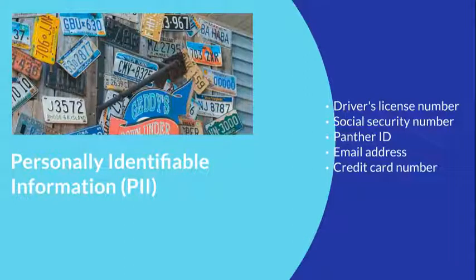For example, the combination of birth date, sex, and state of residence. On their own, these data elements are not considered PII. However, data users want to be cognizant when sharing data and ask themselves, can the combination of data columns identify anyone?